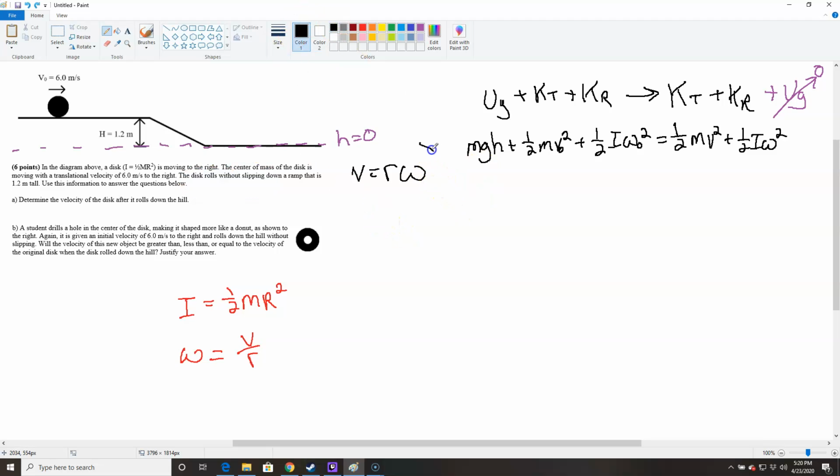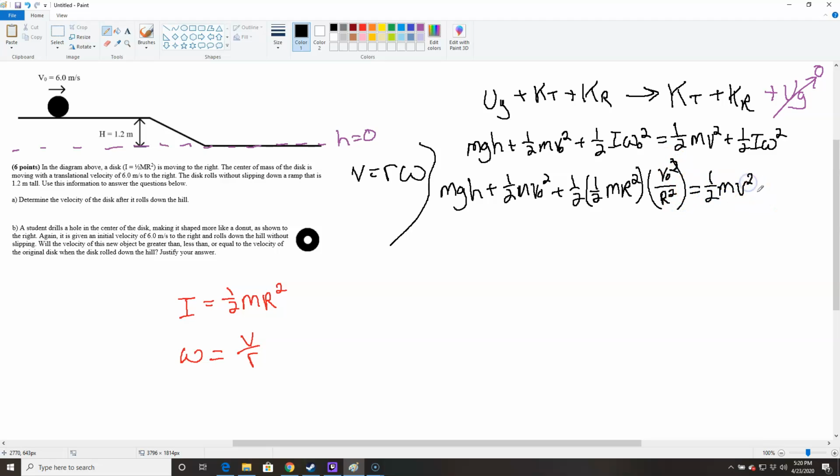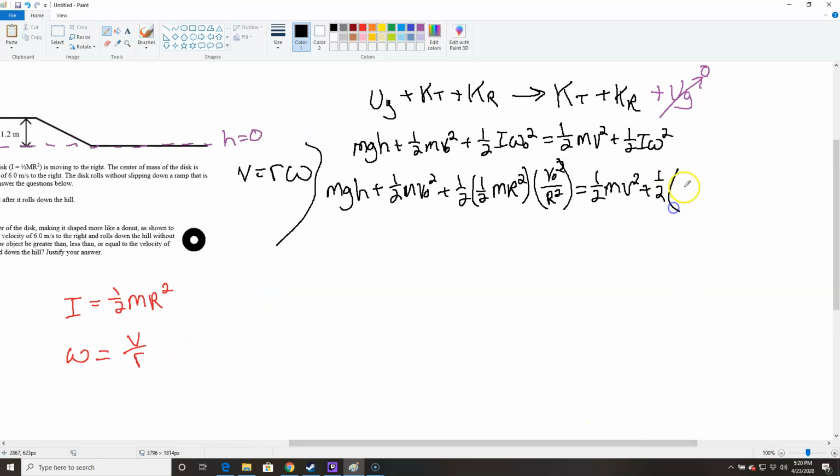So, continuing on to expand this equation, mgh plus 1/2 mv naught squared plus 1/2 mr squared, omega squared, so that will turn into a v naught squared over r squared. That's going to equal a 1/2 mv squared plus 1/2 mr squared, v final squared over r squared.